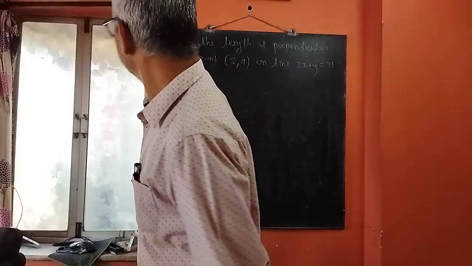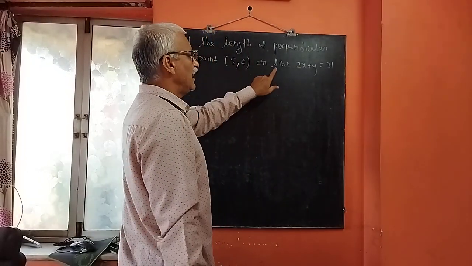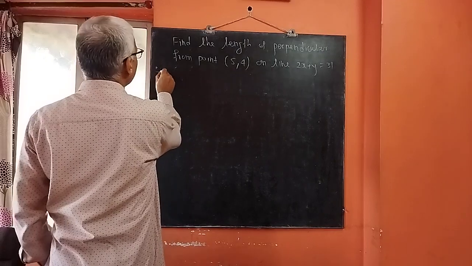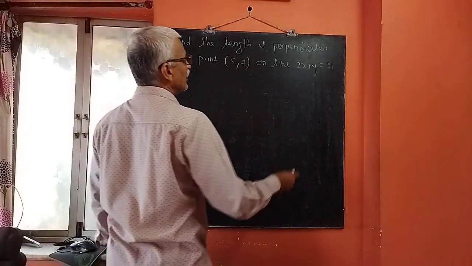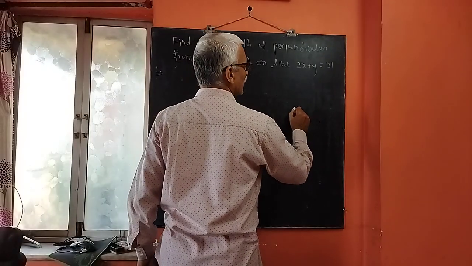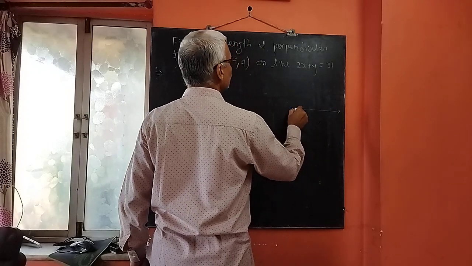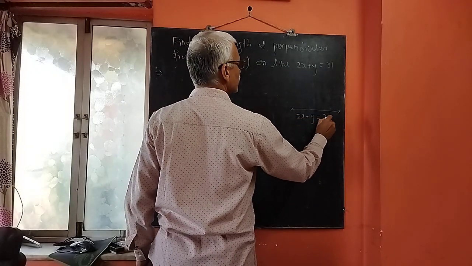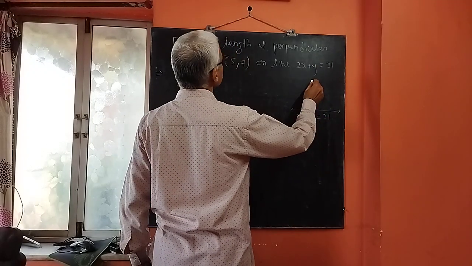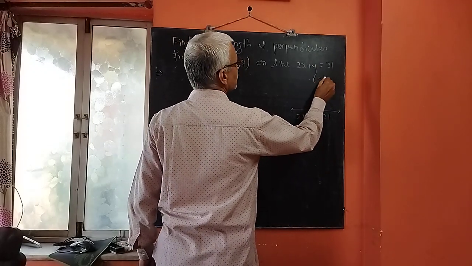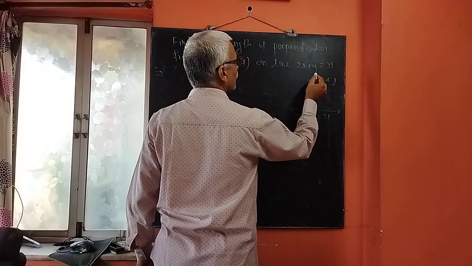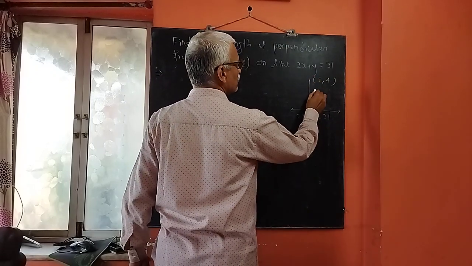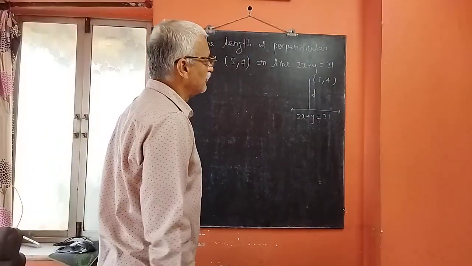So the point is given 5, 4 and the equation of line is given as 2x plus y equals to 31. So we have to find the perpendicular distance. That means, again, if I draw here, this is the straight line whose equation is 2x plus y equals to 31. Let us say this is the point whose coordinates are 5, 4. We have to find out this distance. This value is nothing but d. That we have to find out.